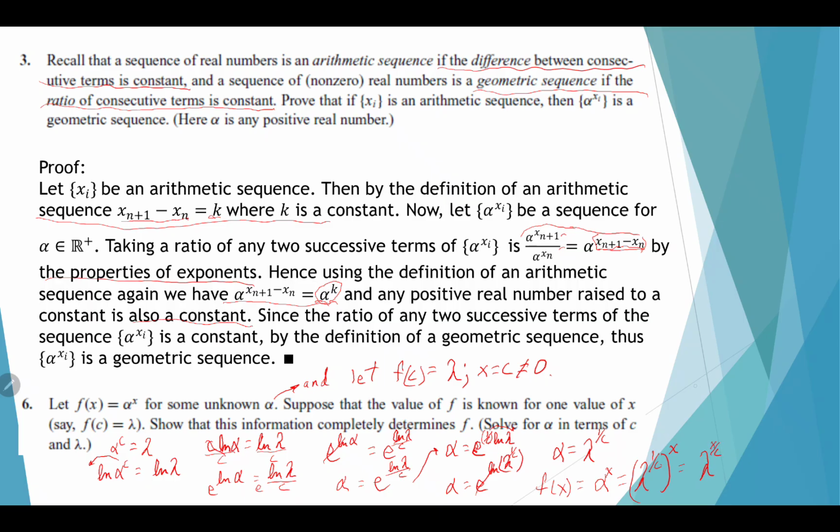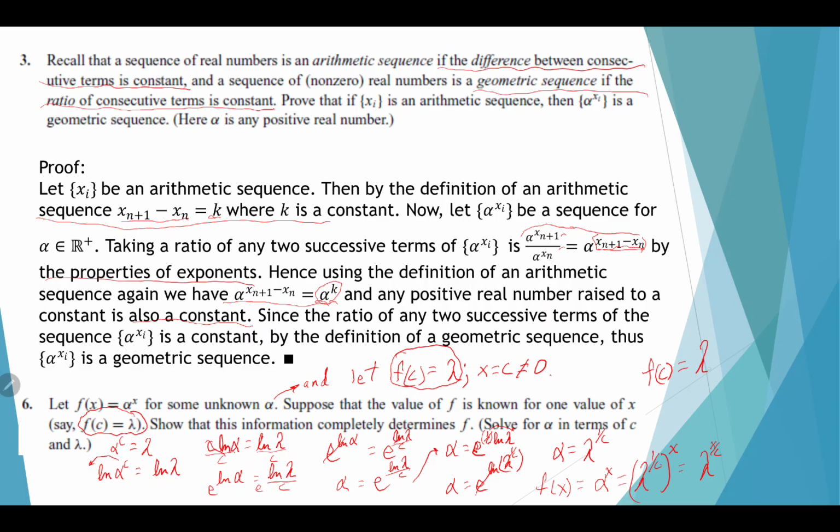And I'm told that f of c is supposed to equal lambda. That's what I'm told right here. I even built it to equal lambda. So let's plug a c in instead of an x.